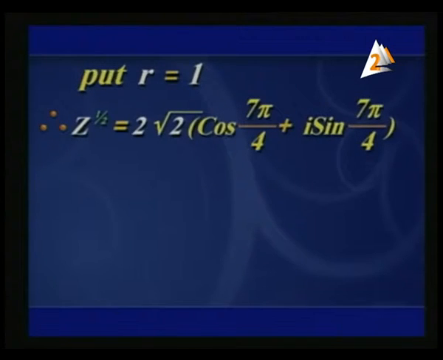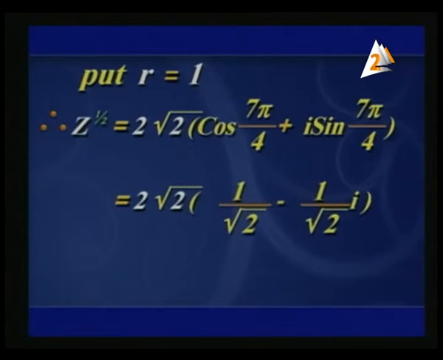Now put r equals 1 by applying the Moivre theorem. Therefore, z power half equals 2 root 2 cosine 7 pi over 4 plus i sine 7 pi over 4 equals 2 root 2 times 1 over root 2 minus 1 over root 2 i equals 2 minus 2i.